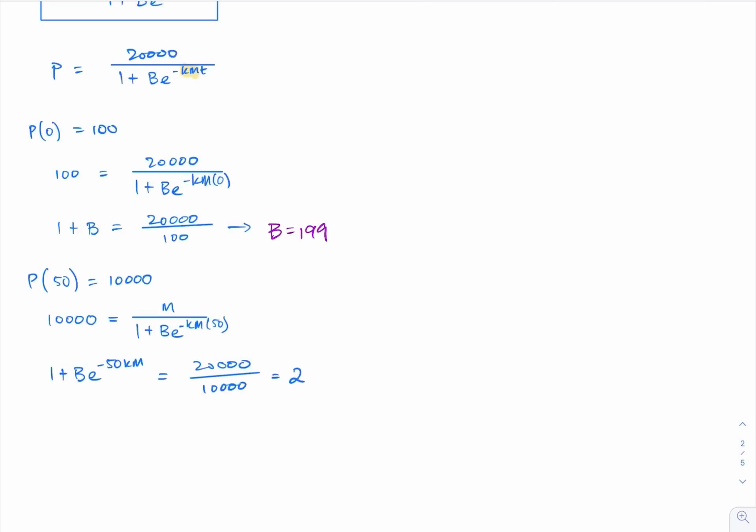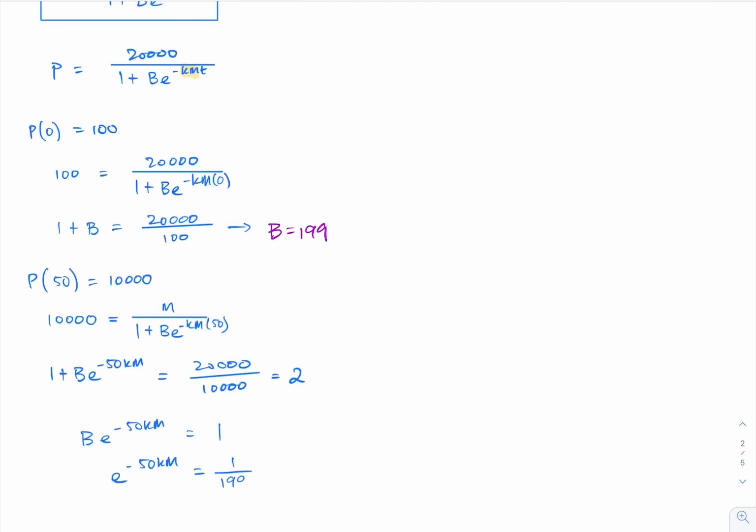And so remove the 1 from both sides, we get b e to the negative 50 kM equals 1. We want to find kM, so e to the negative 50 kM, that's... sorry, I need to remove 1 from that. I knew something was wrong because I've done the question before.